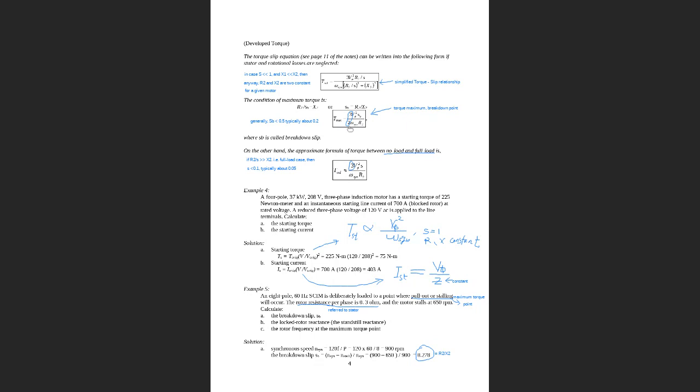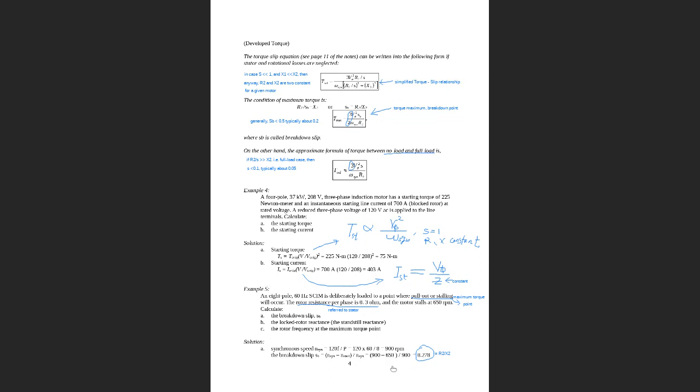But now, by observation, we found that the motor has the maximum torque, or the stalling phenomenon occurred, when the rotor has a speed of 650 rotations per minute, while the synchronous speed is 900 rotations per minute. Based on this, at the stalling moment the motor has a slip of 0.278. This is just the breakdown slip, which is equal to R2 over X2.